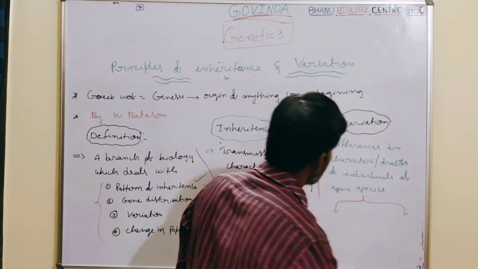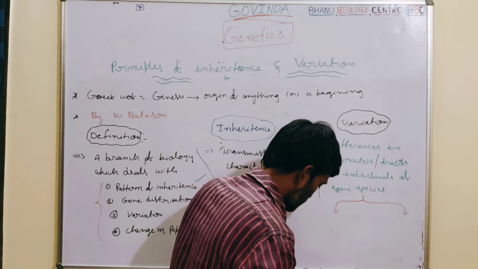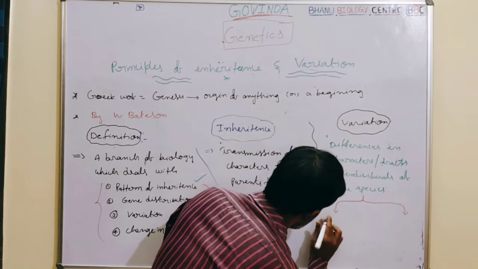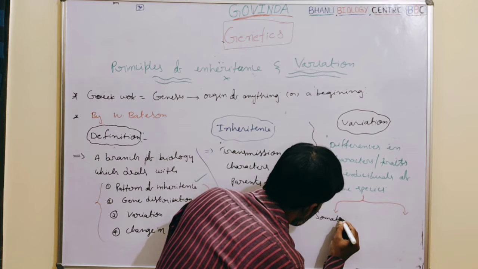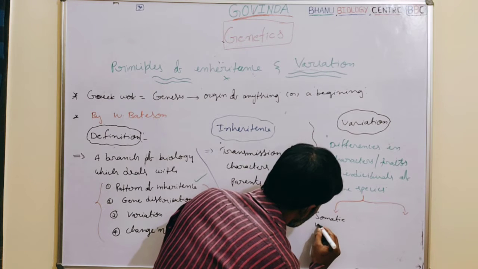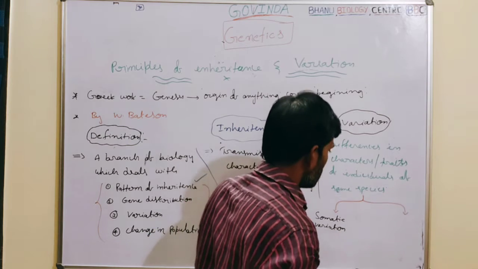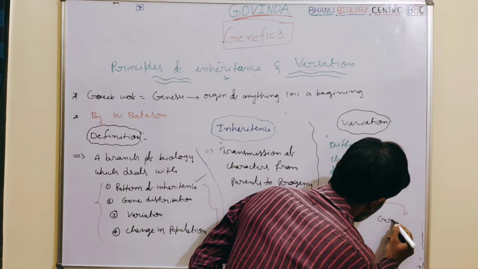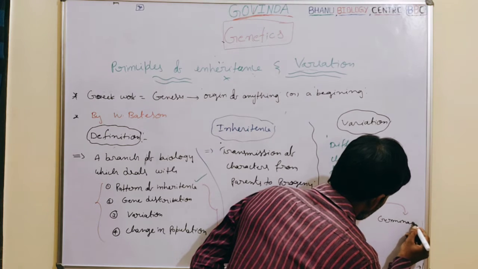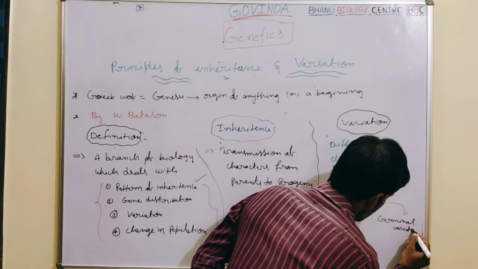For the sake of your knowledge, I tell you the types of variations. Variations are of two types. The first type is called the somatic variation. The second type is a germinal variation.